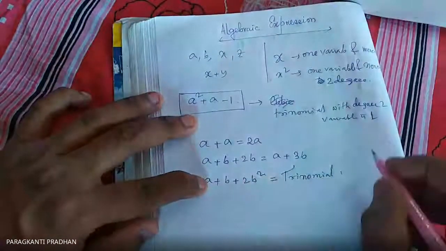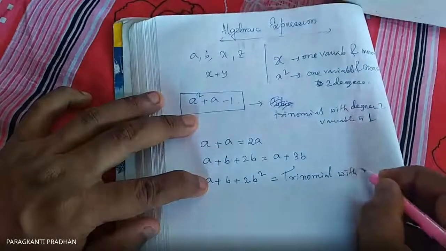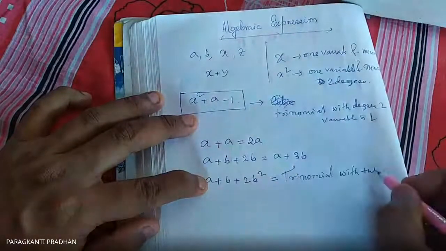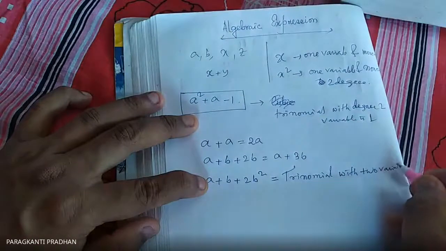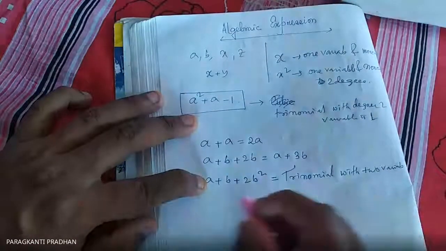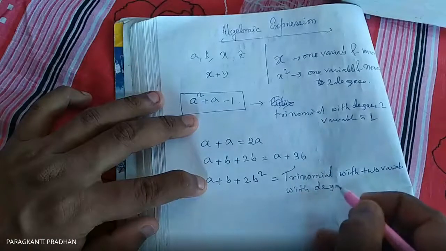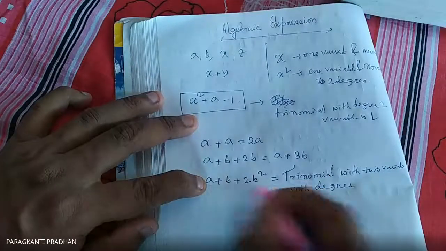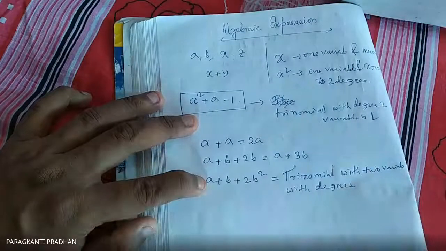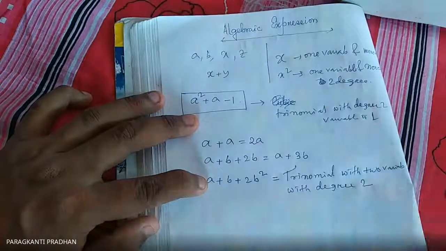Now this is a trinomial with two variables. Look, a and b, two variables. Two variables with degree, the maximum degree is 2. Here the maximum power is 2. That is 2.